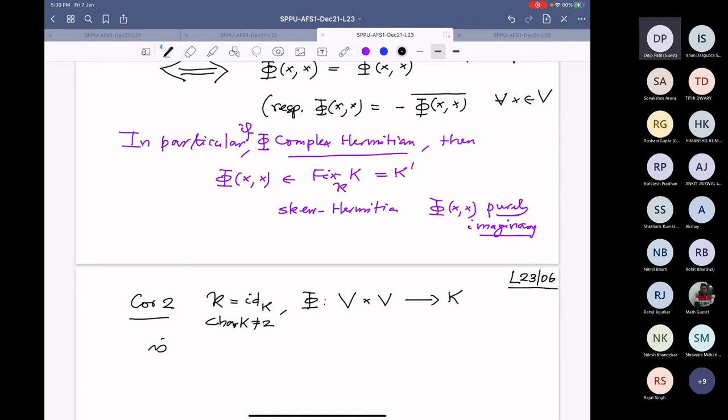The form is a symmetric bilinear form if and only if the diagonal values are 0.